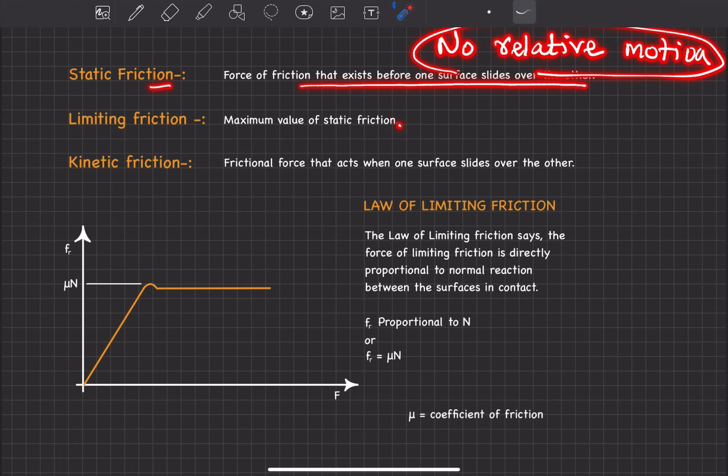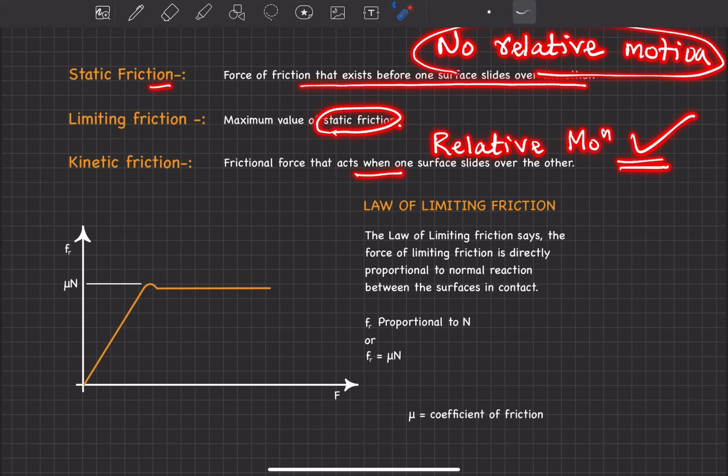Limiting friction is the maximum value of static friction. And kinetic friction is the friction which exists when the block is moving, meaning there is relative motion.